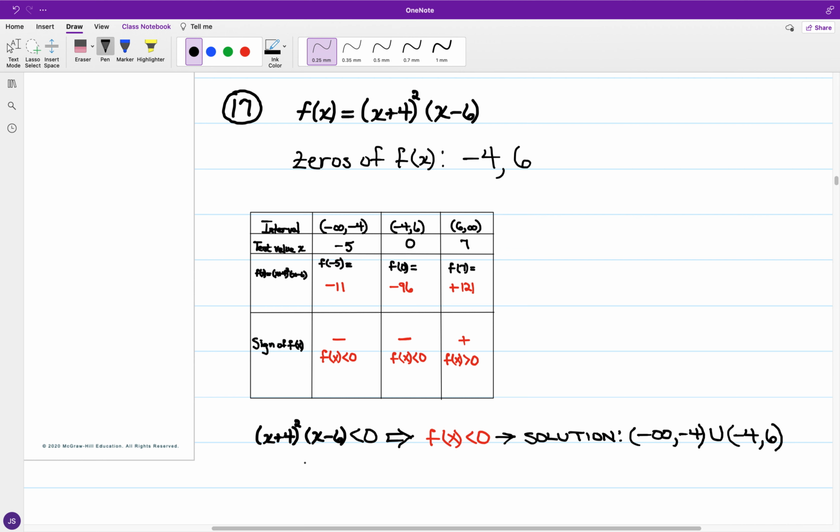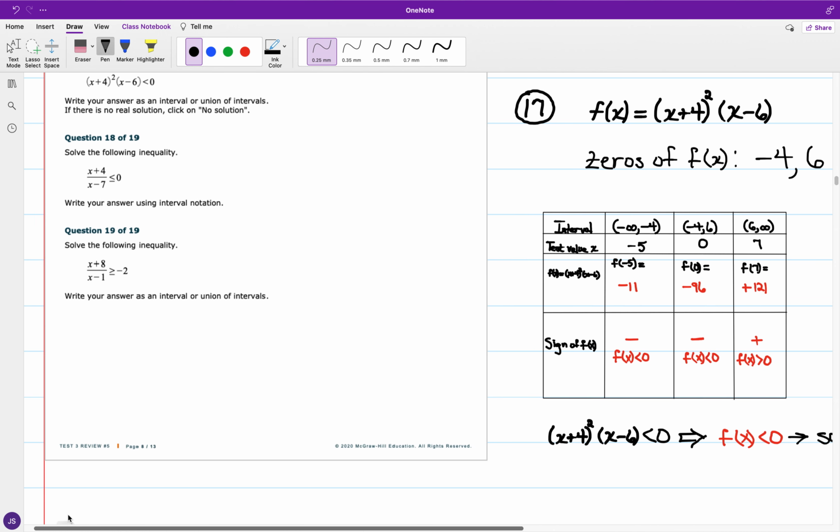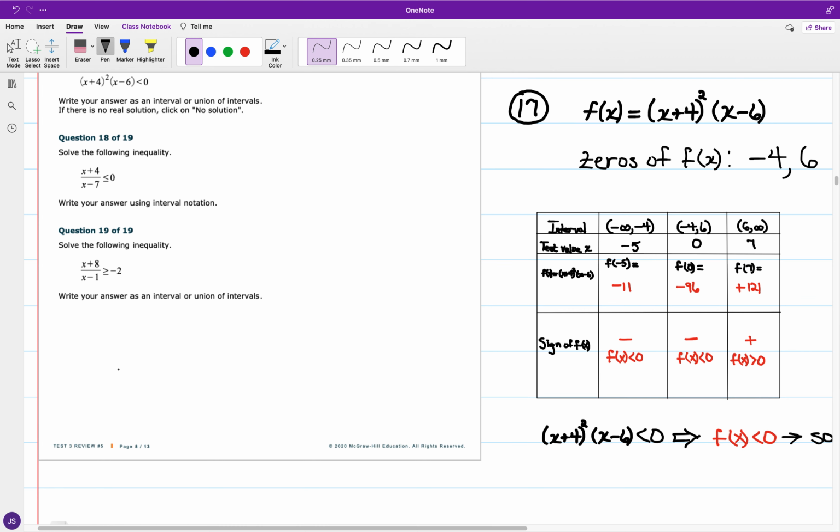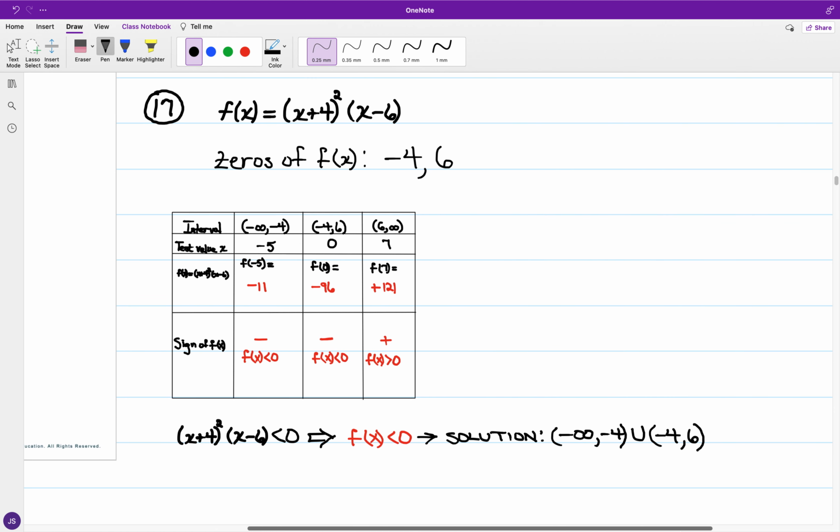That was number 17. All right, now in the case of number 18, again touching upon rational inequalities, here we have x plus 4 over x minus 7 is less than or equal to 0.